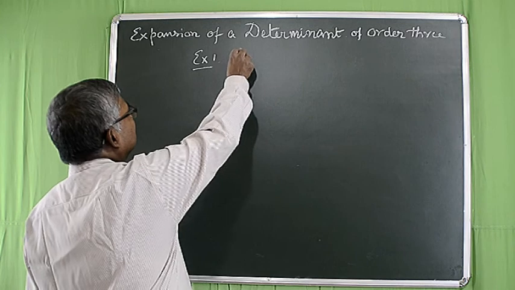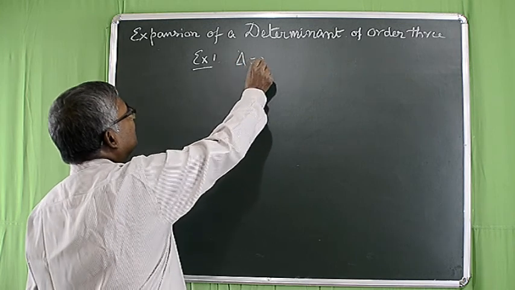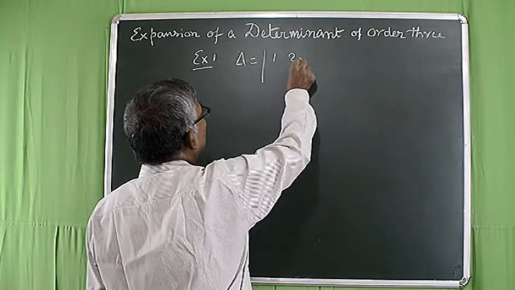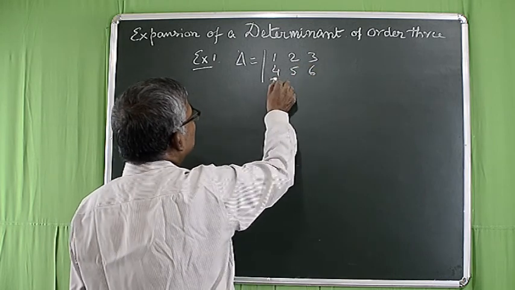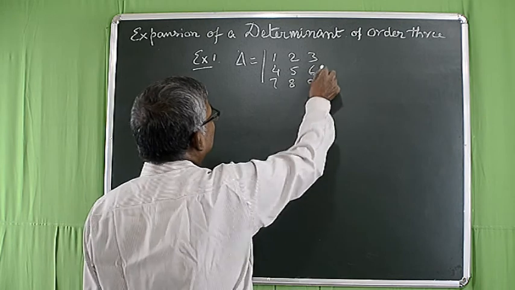Let the determinant del equal 1, 2, 3, 4, 5, 6, 7, 8, 9.